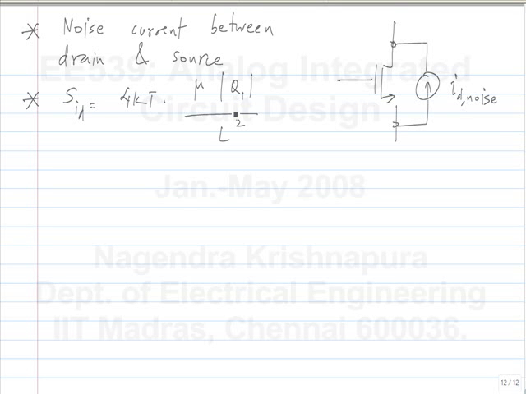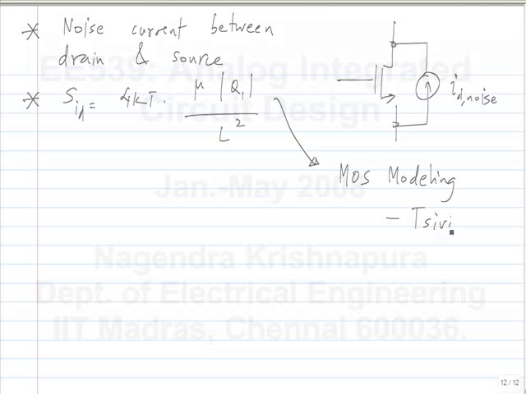If you want to see the derivation of this, you can refer to the book on MOS modeling by CVDs. I think it's called Modeling and Operation of the MOS Transistor by CVDs.